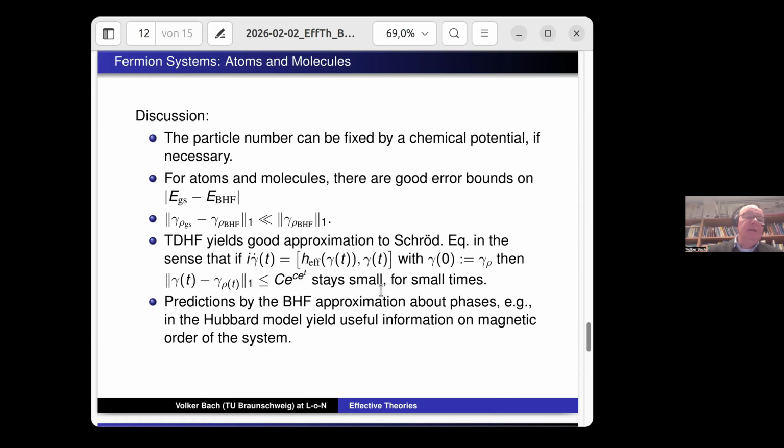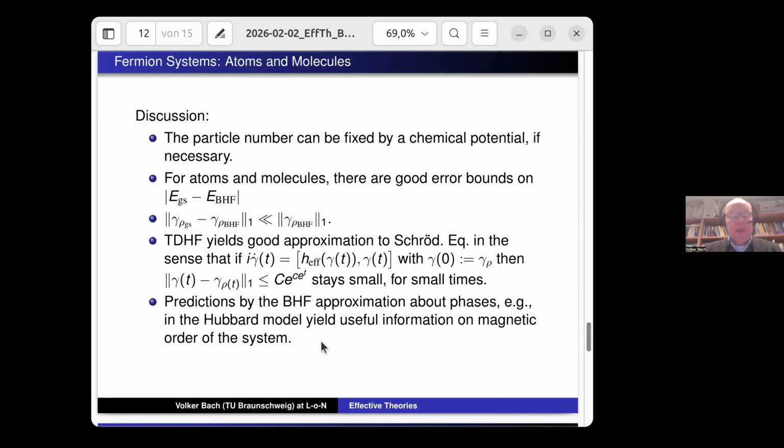And then finally, let me mention predictions that are derived by the Bogoliubov-Hartree-Fock approximation about phases of statistical mechanical systems. So one such system, which is still simple enough that one can analyze the Bogoliubov-Hartree-Fock theory, is the Hubbard model.